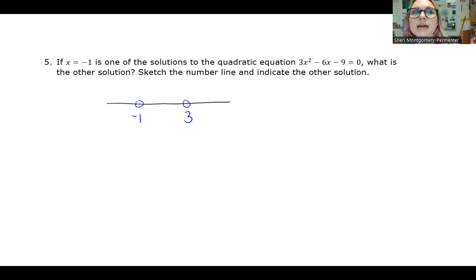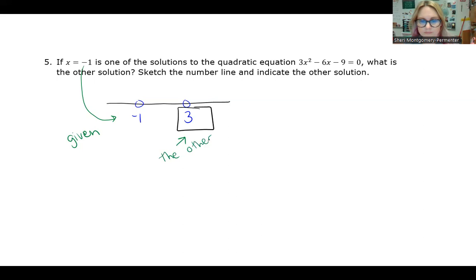The problem says x is equal to -1 is one of the solutions. What's the other one? 3. That is the other solution. So this one was given, and this one is the other one.